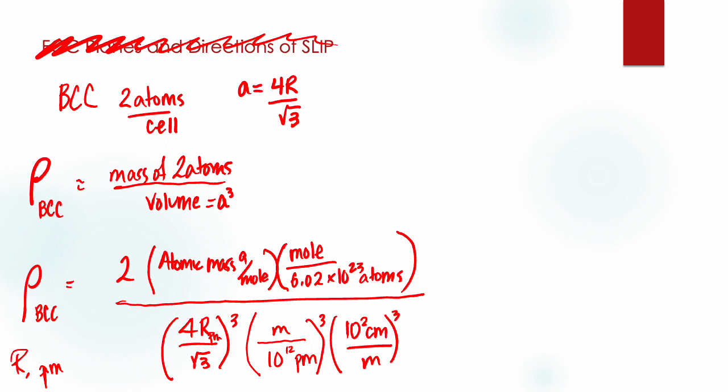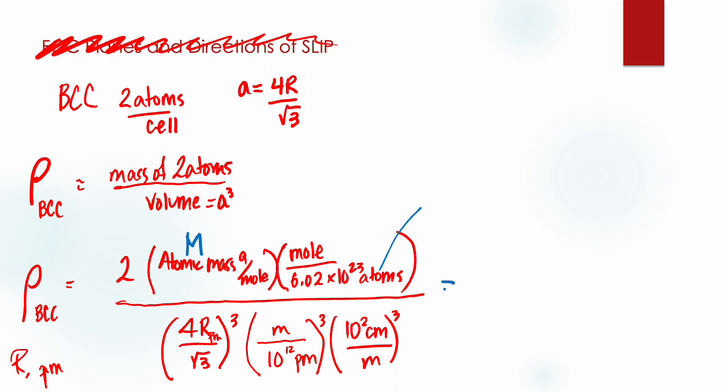So that will convert my value into cubic centimeters instead of cubic picometers. And if I say I'm going to give atomic mass the symbol M, and I've got R, and I've got Avogadro's number, there are so many different letter symbols, we'll just leave it like it is.